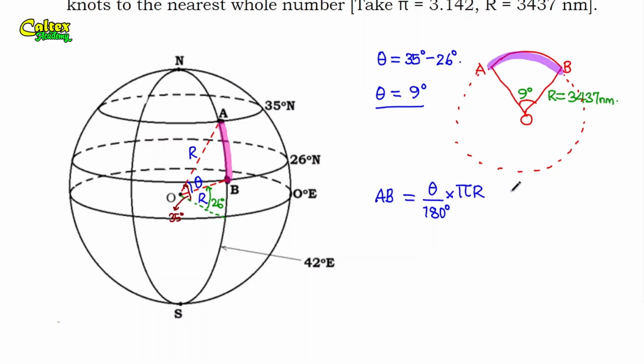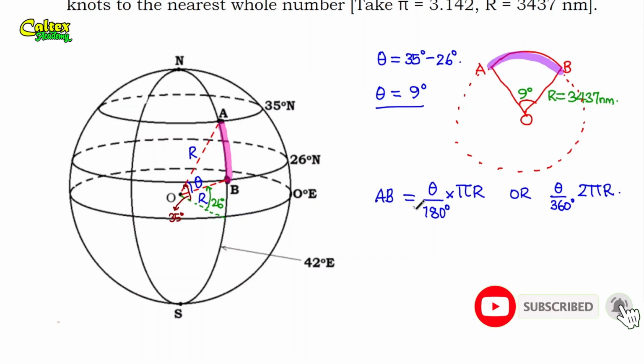Now, if you wish, you can also have it in terms of theta over 360, but remember to put it all as if you're quoting the formula of getting the whole circumference, so 2 pi r. So I think this one is more simplified than the other one. I'm going to continue with the first formula here. Now tell us in the comment section which one you prefer, this one or the other one.